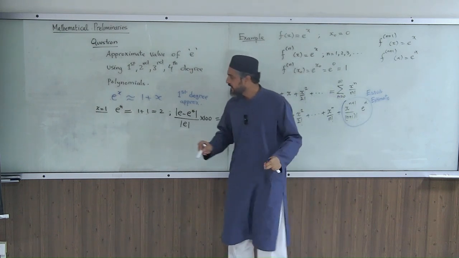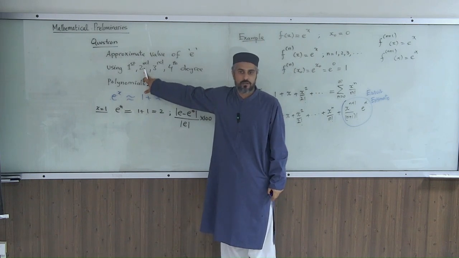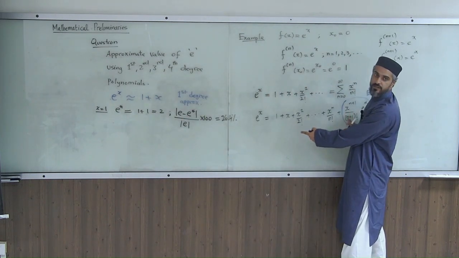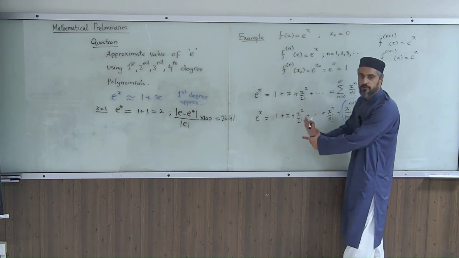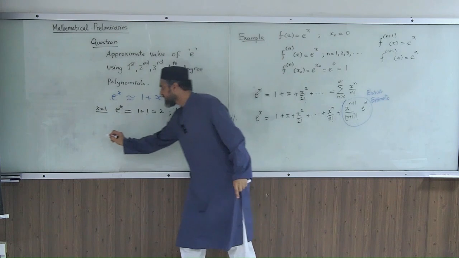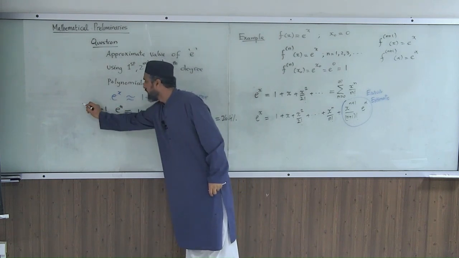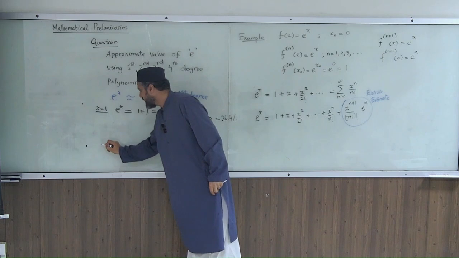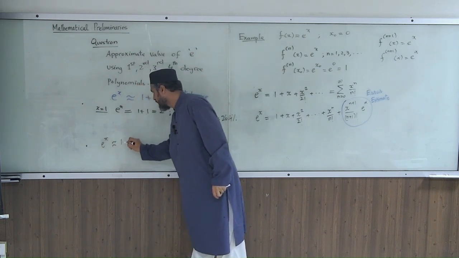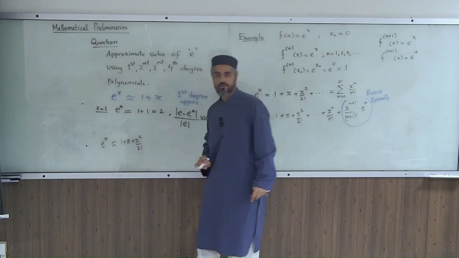Now let's increase the order of accuracy. Let's use a second degree polynomial. Because e power x is actually an infinite degree polynomial, and we are just trying to approximate it by finitely many terms. So if I choose the second degree approximation, this was the first degree, now the second degree is e power x approximately equals 1 plus x plus x square over 2 factorial.